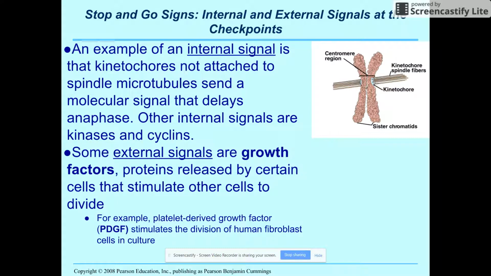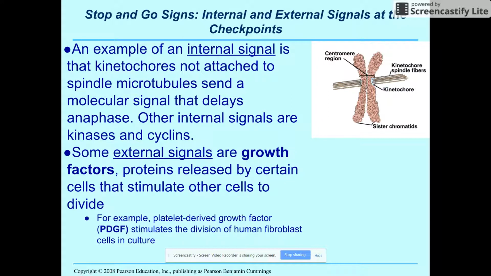In normal functioning cells, we have internal and external signals that help regulate and act as checkpoints in our cell division cycle. Internal signals are things that our cell acquires before it is able to go on to the next phase.